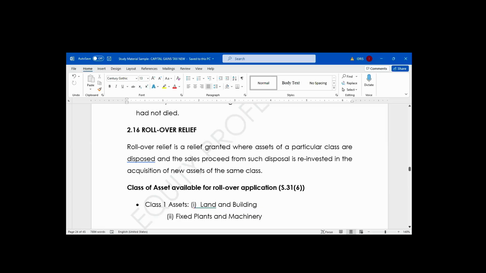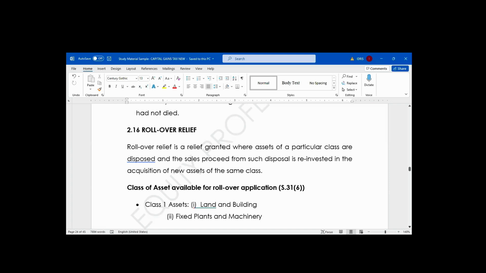Let me now explain. What rollover relief simply deals with is, I dispose of a land for 200 million. That land, I bought it for 50 million.